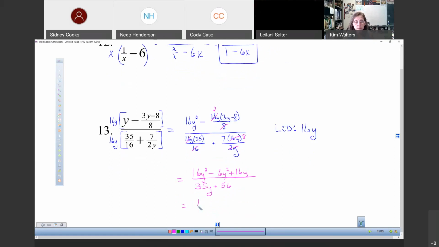This is going to give me 10y squared minus 16y and 35y plus 56. And I can actually factor a 2y out of both terms in the numerator. And it gives me a 5y minus 8.